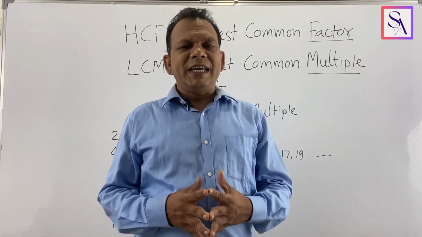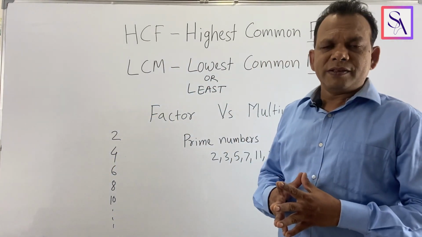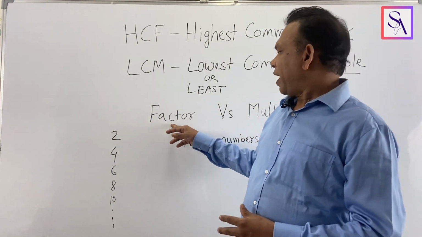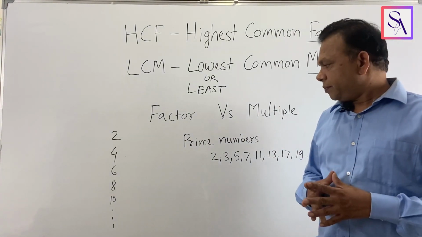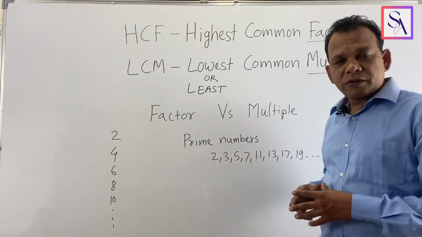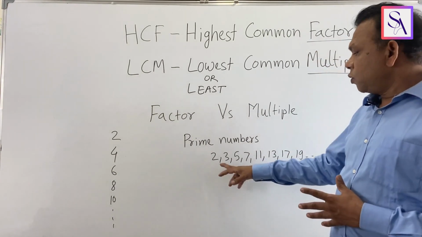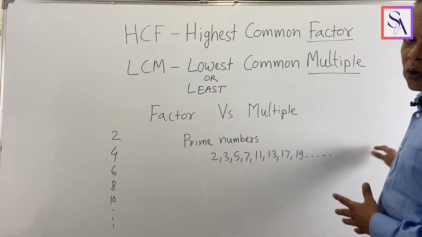So before starting our first point, we need to revise a few concepts. Factor versus multiple. So what is factor? What is multiple? Then prime numbers. We know which are the prime numbers: 2, 3, 5, 7, 11, 13, 17, 19 and so on.